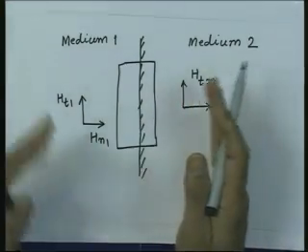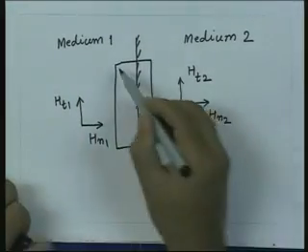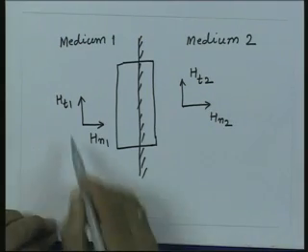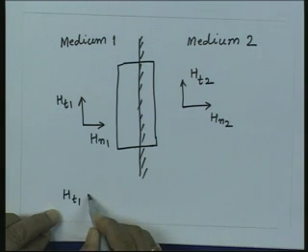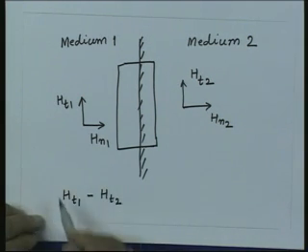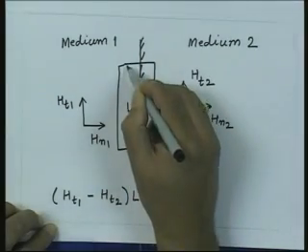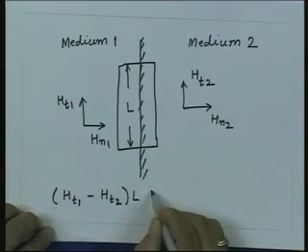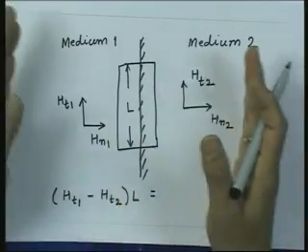When the size of the loop tends to 0, the contribution coming from these two sides will go to 0. So, essentially we now have the line integral which is Ht1 minus Ht2 times L, the length of this loop. That should be equal to the total current enclosed by this loop in the limit when the size of the loop goes to 0.